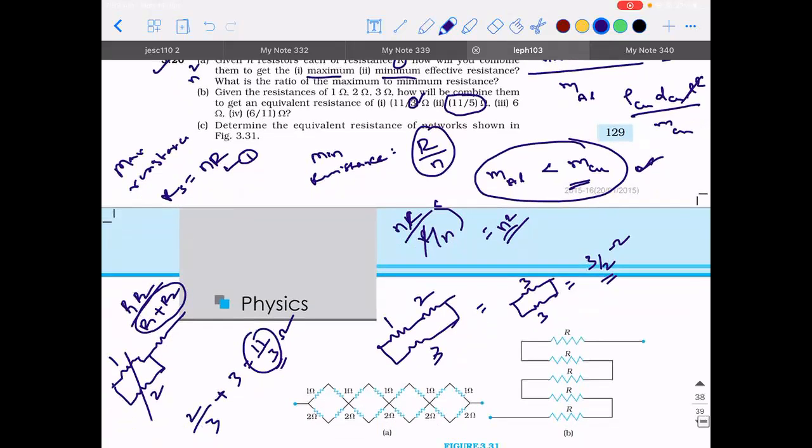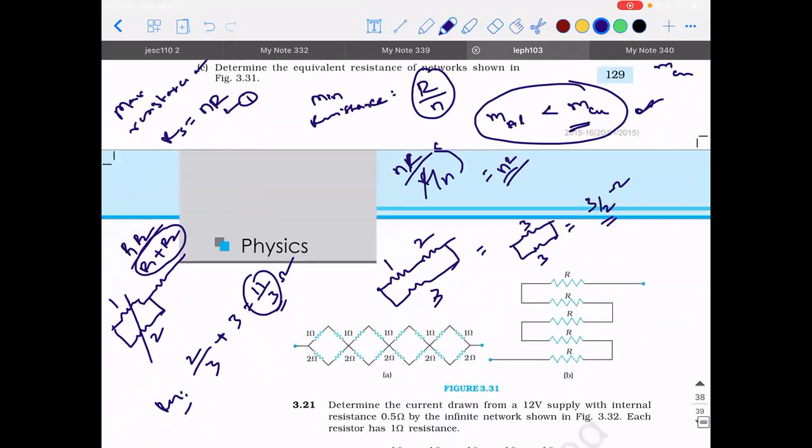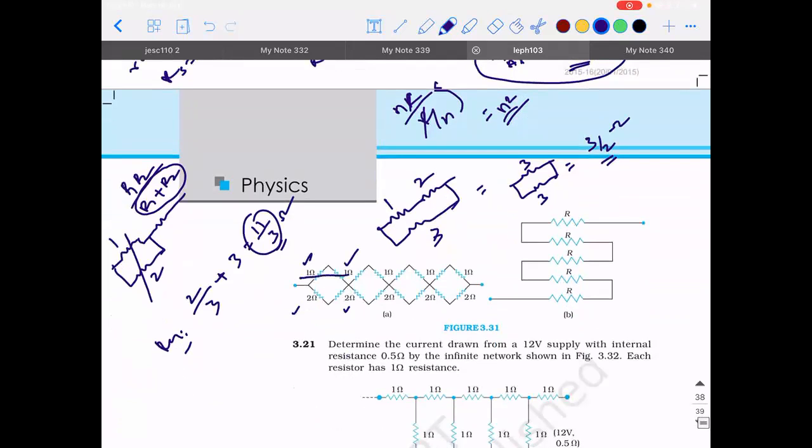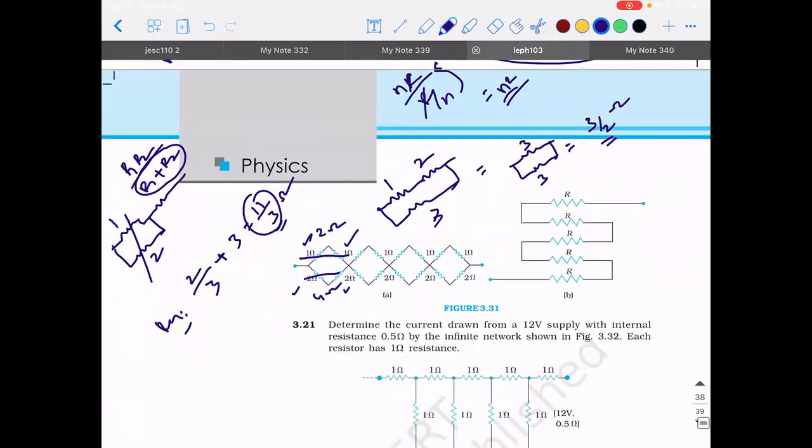Okay. Next. Determine the equivalent resistance of the networks shown in figure 3.31. Now tell me, how is this 1 ohm and this 1 ohm connected? In series. And 2 and 2? Series. So I'll replace these two with a 2 ohm resistor and these two with a 4 ohm resistor.